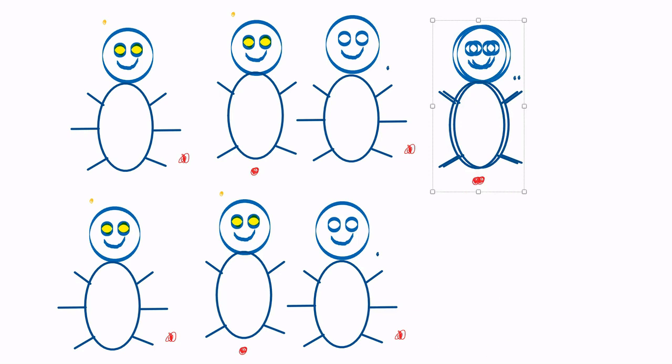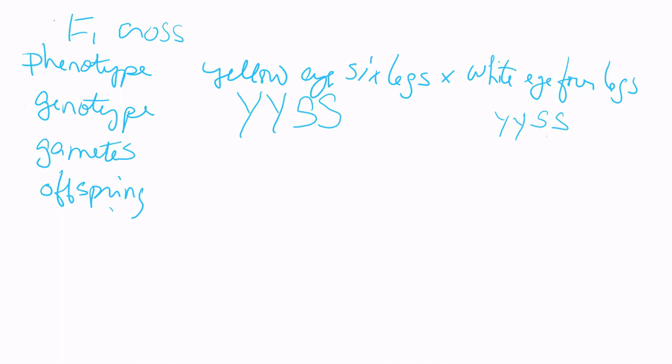Well, that's pretty complex. So let's use our algorithm that we were doing with Punnett squares. Once again, we'll use our algorithm of phenotype, genotype, gametes, and offspring. And in the F1, we're crossing a yellow-eyed with 6 legs and a white-eyed with 4 legs. And the genotypes are homozygous for big Y and homozygous for big S, and homozygous for little y, and homozygous for little s.